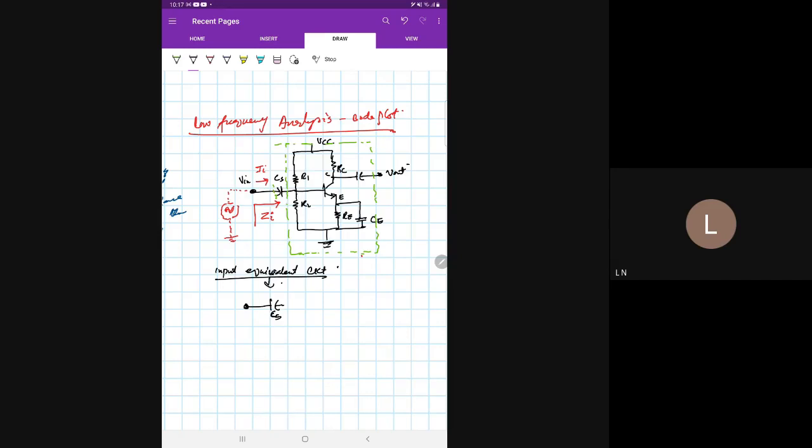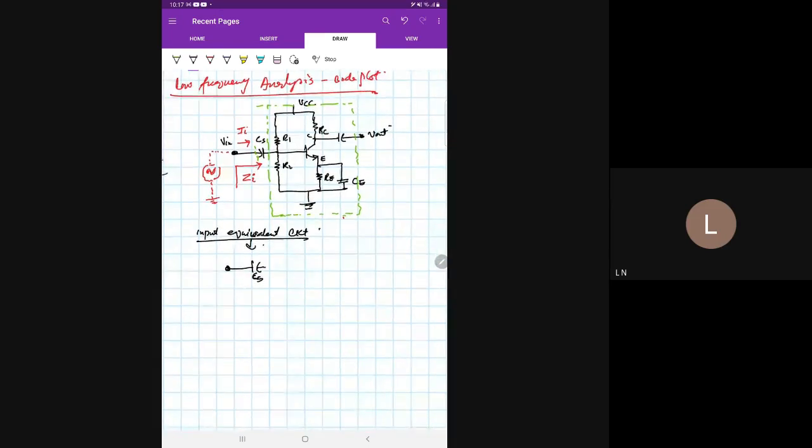Then we have the net input impedance. We have R1 and R2 in series, but instead of that, I will mark another resistance, the net input impedance, R of I. Then it goes to the network. This is the input equivalent circuit of the above amplifier.